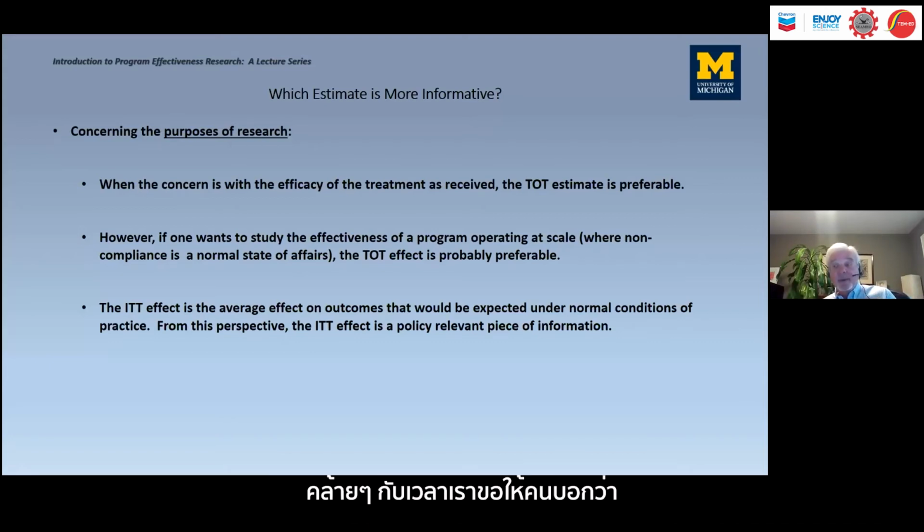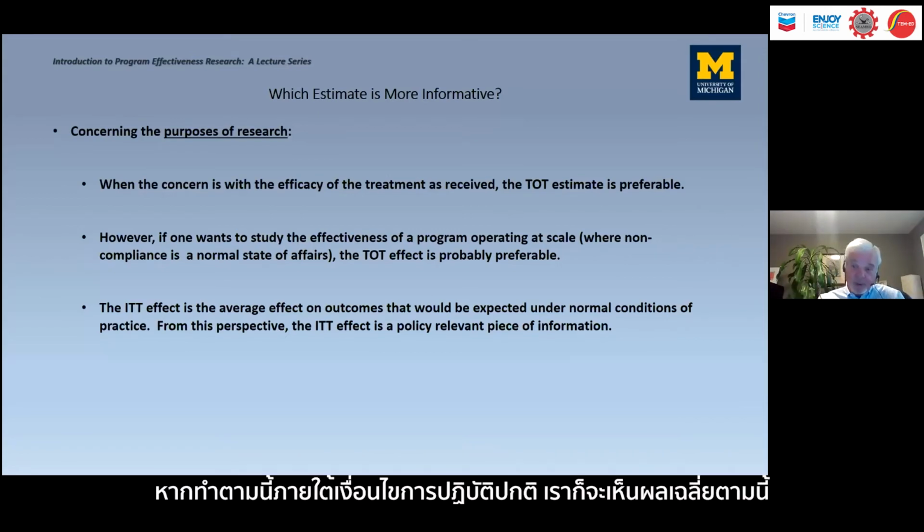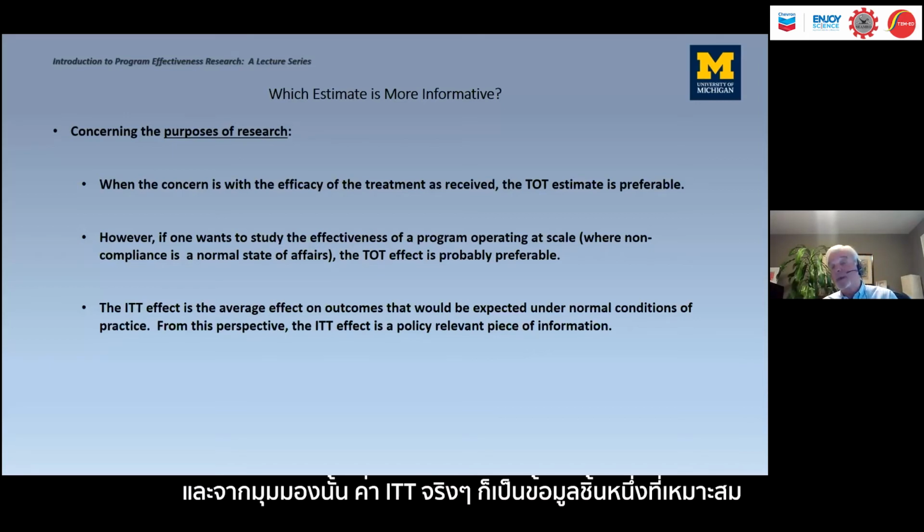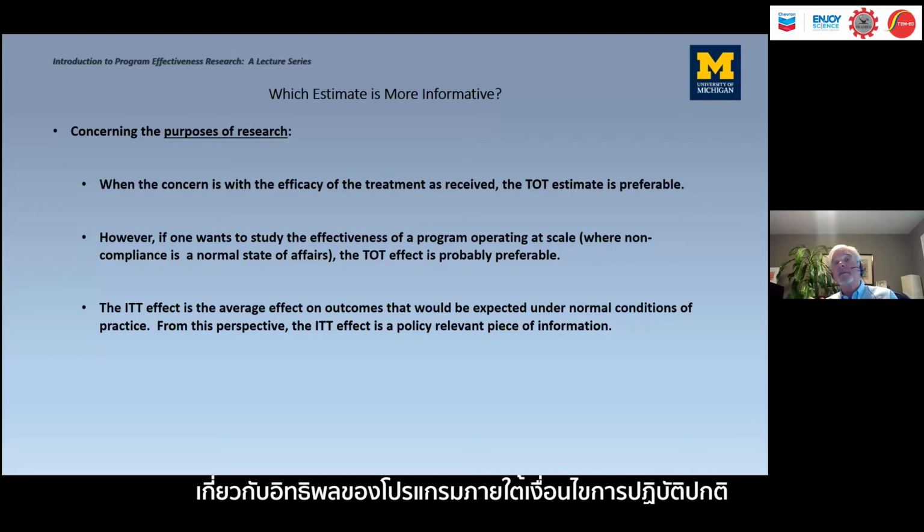If people took this up under normal conditions of practice, this is the effect on average that we would see. That's what the ITT is telling us. And from that perspective, the ITT is a very relevant piece of information about intervention effects under normal conditions of practice.